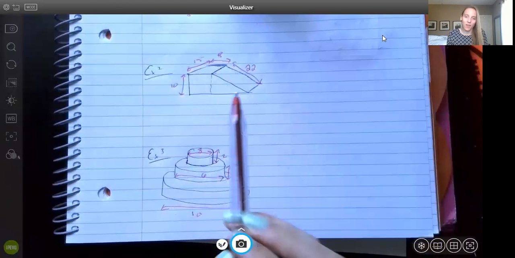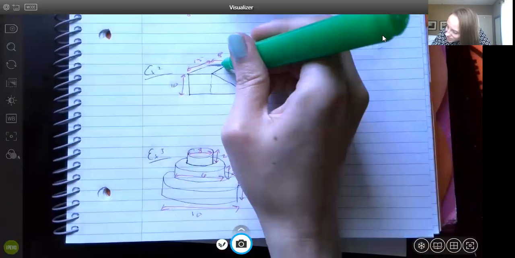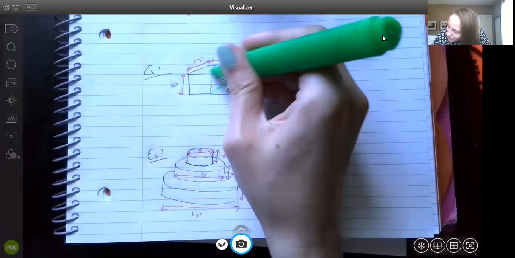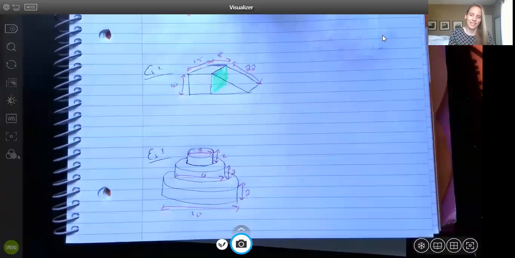And so the area of overlap would be where the rectangular prism and the triangular prism are touching, which would essentially be right in there, inside where the triangular prism is up against the rectangular prism.